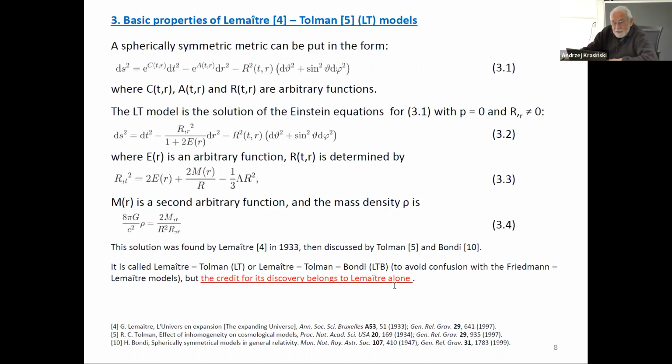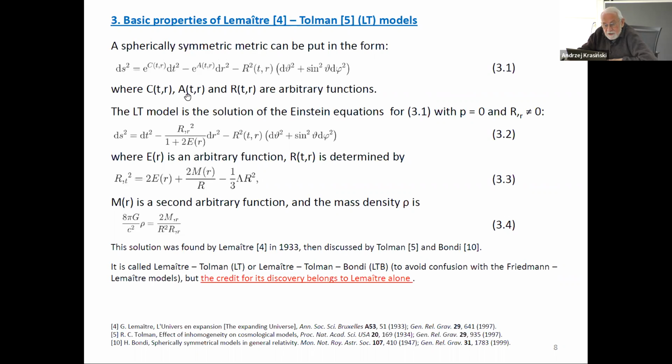Okay, so now let me define the Lemaitre-Tolman models. Suppose we assume that the space-time is spherically symmetric, but not spatially homogeneous, like in Friedman models. It's just spherically symmetric around a single world line. So from the Killing equations, one can conclude that the most general spherically symmetric metric has such a form.